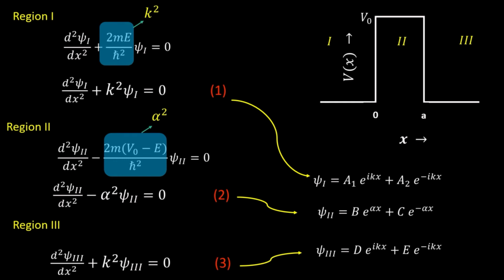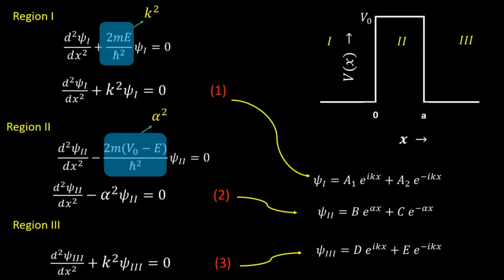In region 2, we have exponentially growing and decaying waves as the solution, and in region 3, there is nothing on the right side which causes the wave to get reflected back. So we expect a wave traveling in the positive x direction only, and hence this constant E must be 0.